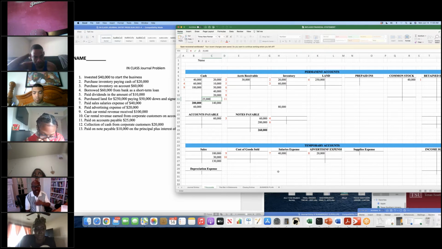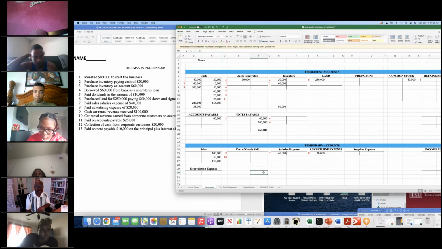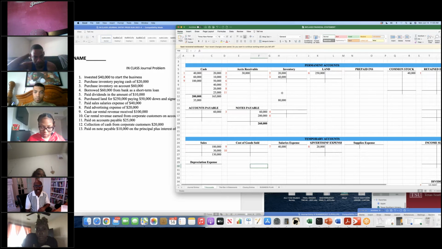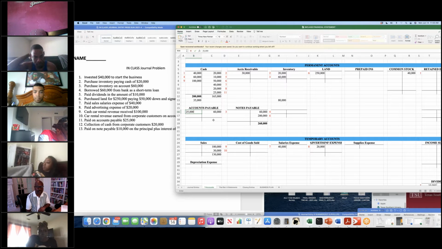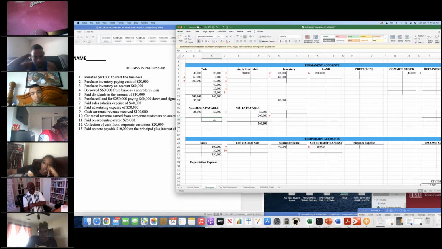Credit cash for $25,000, then we're going to debit accounts payable for $25,000. So if we want a balance, what would our formula be to get the balance in accounts payable?